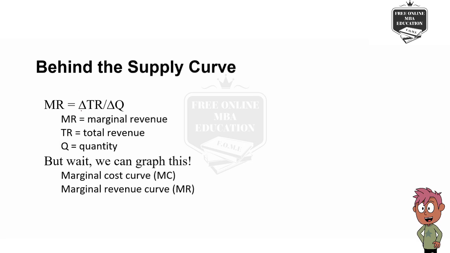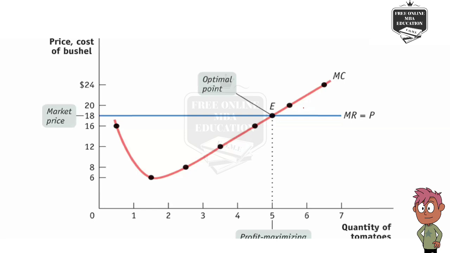So I have told you marginal revenue is the total revenue divided by the quantity. Now, marginal revenue is something that can be graphed, right, through a marginal cost and a marginal revenue curve. Now, let us look at the marginal cost and marginal revenue curve. On the x-axis, we are taking the quantity of the product, that is tomatoes, and on the y-axis, we are taking the price.